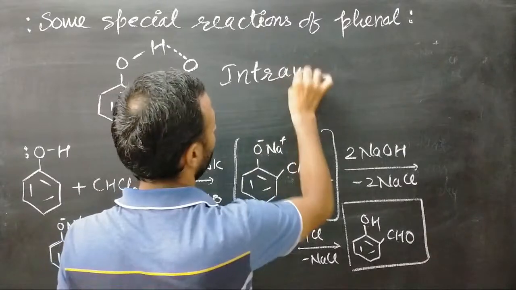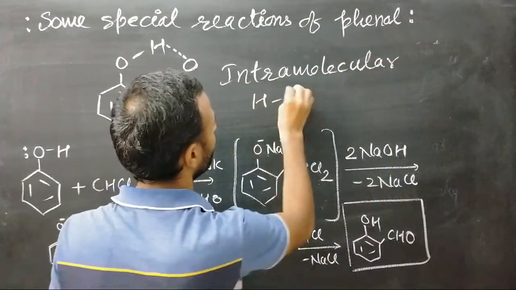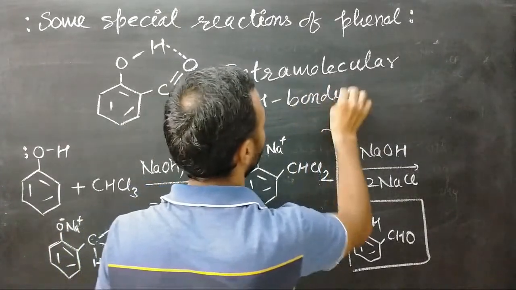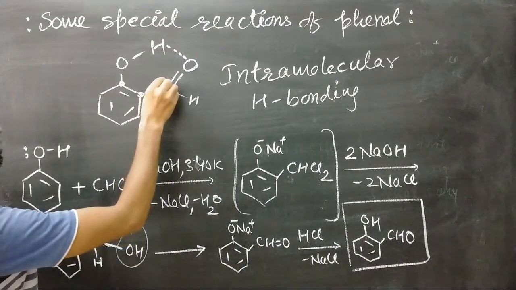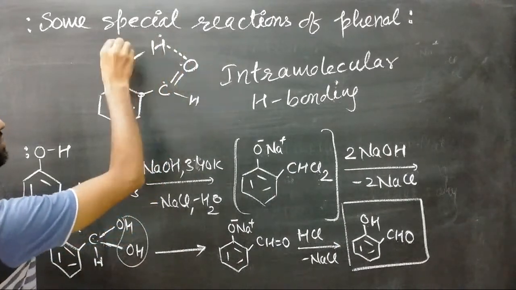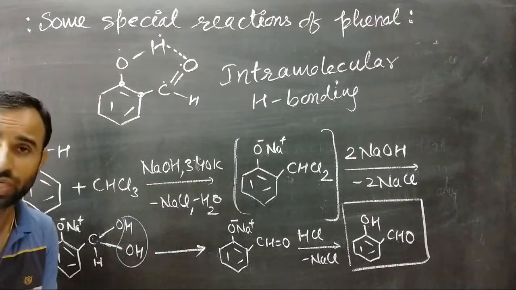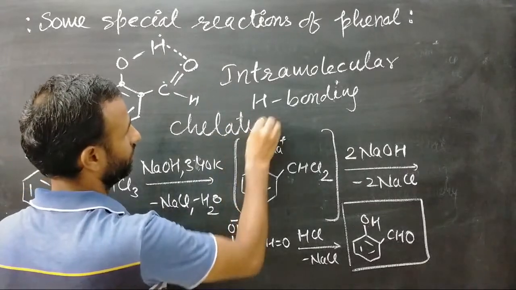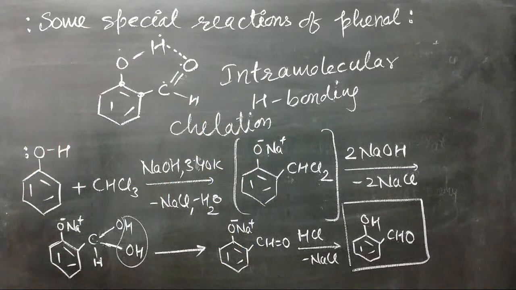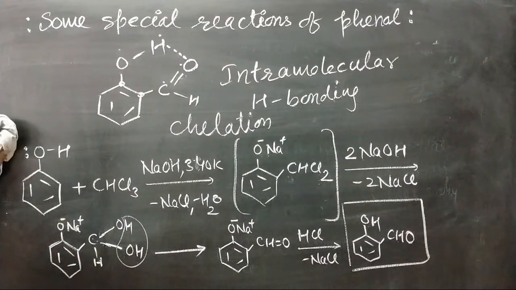That makes it more stable. But in case of para, there is no intramolecular hydrogen bonding. See, 1, 2, 3, 4, 5, 6. A 6-membered ring is formed, and 6-membered rings can cause chelation, so it will become stable. That's why ortho product is major product. Para is formed to small extent.